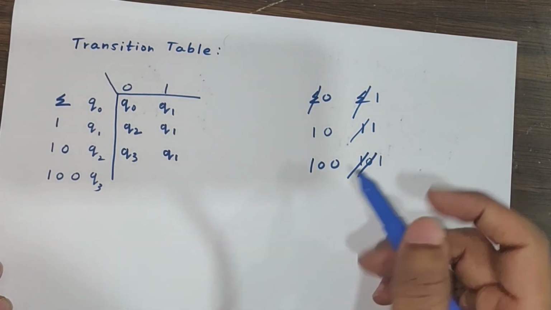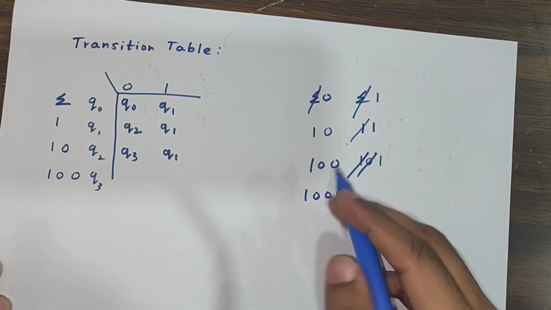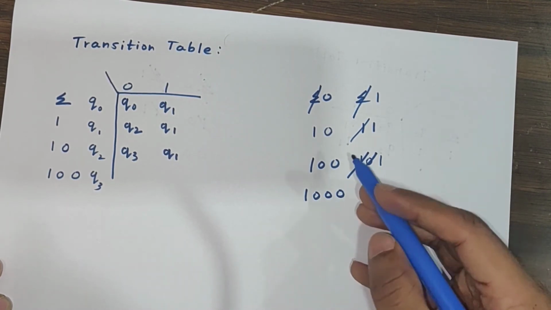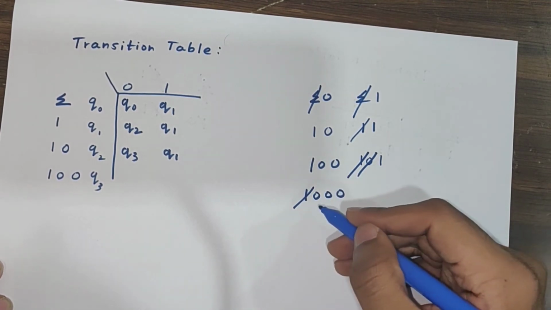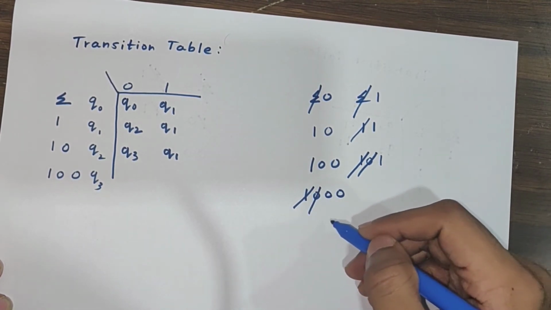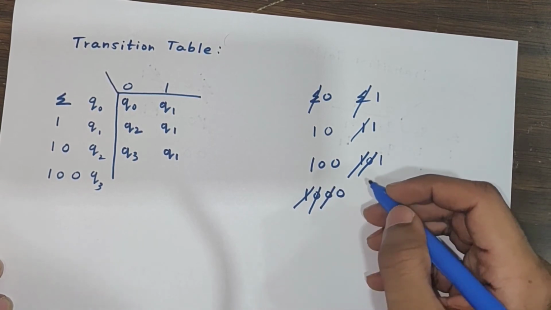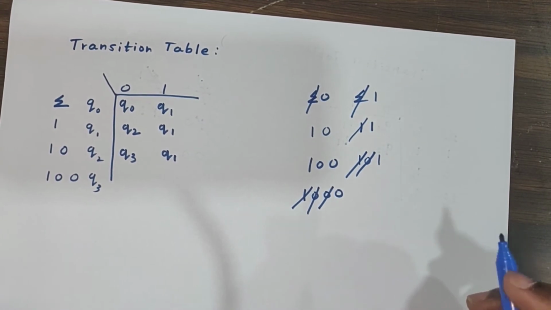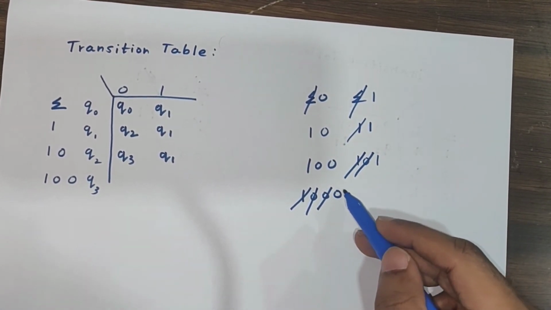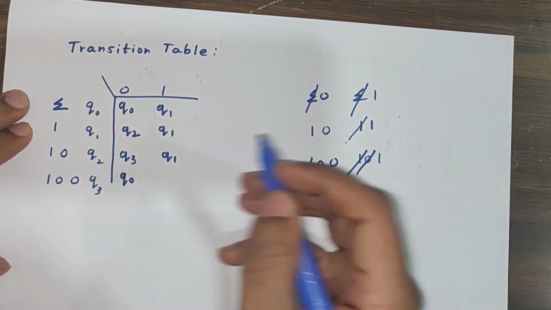Now 1000. It's not there, so strike off 1, and 000 is also not there, so strike off 0, and 00 is also not there, and 0 is also not there, so it will go to the initial state, Q0.